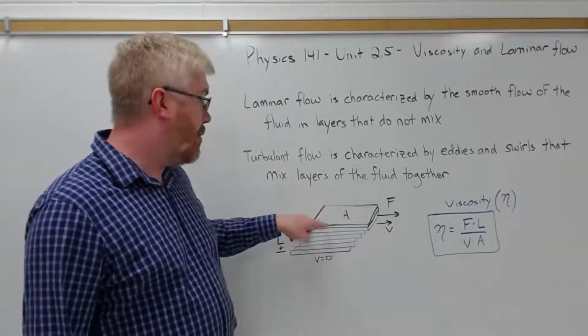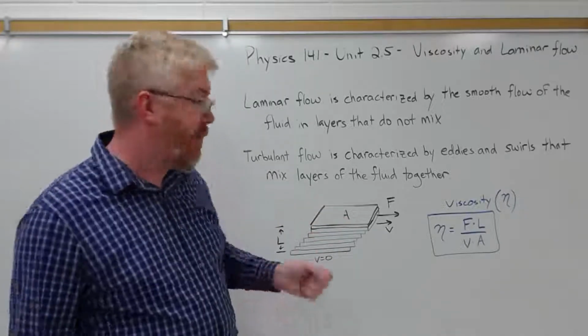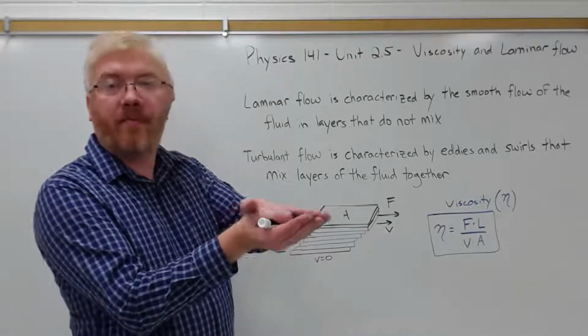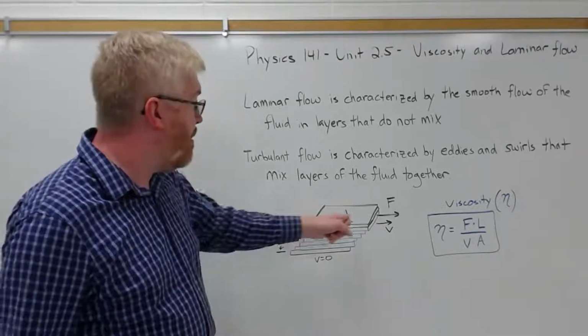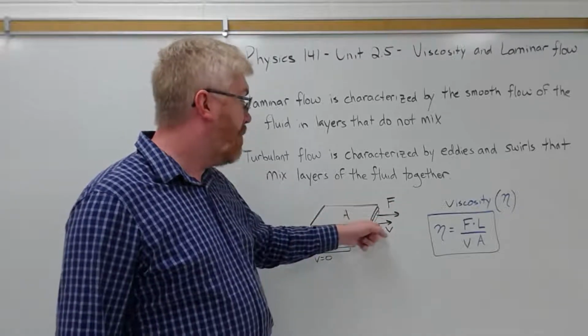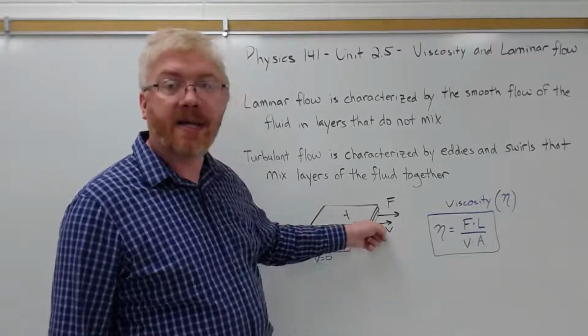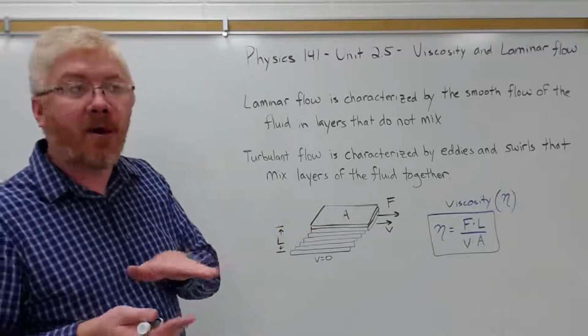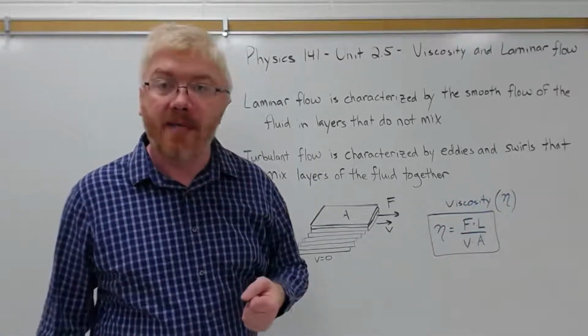Well, the barge will bring with it, because of adhesive forces, the water that's right beneath the surface of the barge. So I push the barge, I apply some force on the water, I push the barge ahead at some velocity, and the water immediately below the barge will also move forward at that velocity.